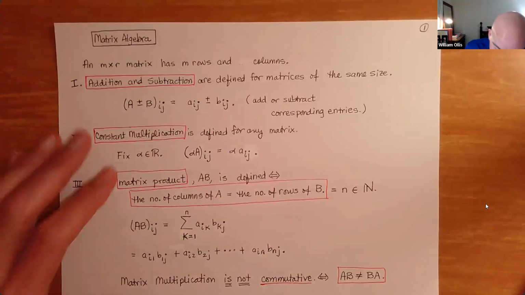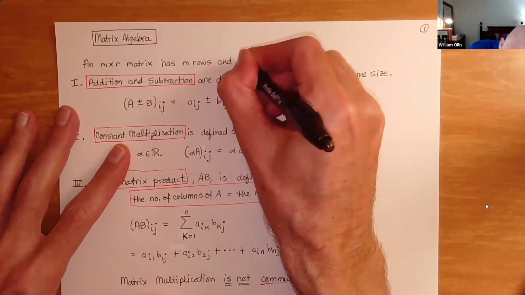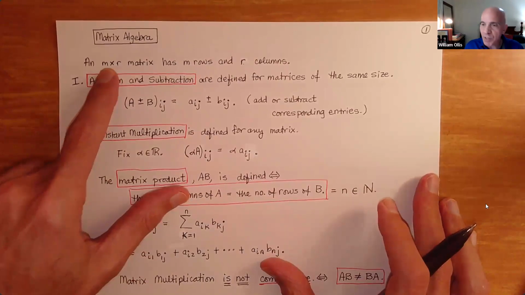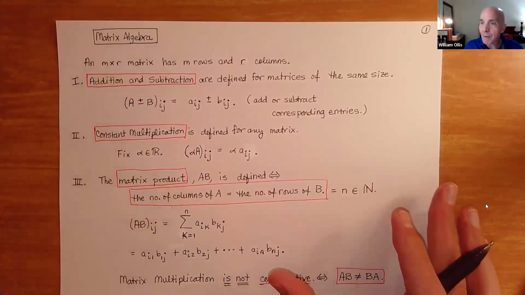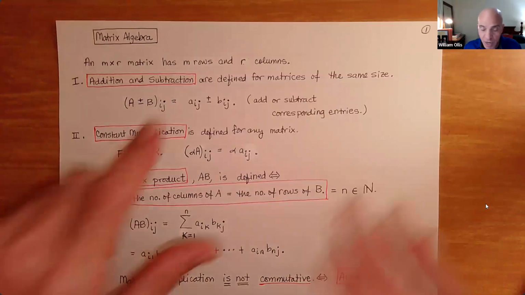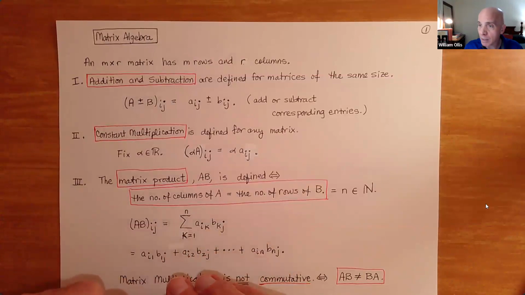I enjoy N, but I want to use an R here for particular reasons. So when we think of a matrix, we think of its size, M by R in this case, where M denotes the number of rows and R denotes the number of columns.